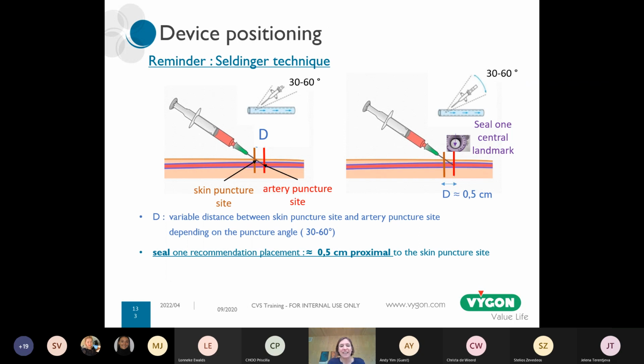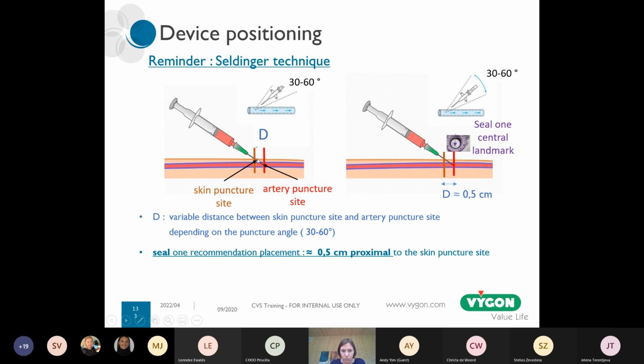Okay, this slide is to explain the Seldinger technique and why we have to place the SIL1 at 0.5 centimeter. I think you know that, but I prefer to explain. When you puncture the skin, you will puncture it with an angle of 30 to 60 degrees.